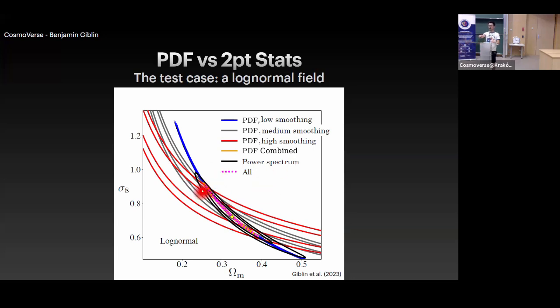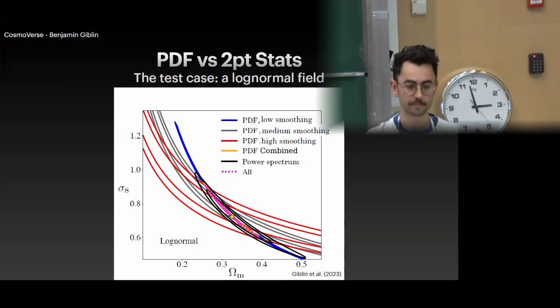Now, if we compare that with the dashed pink contour, which is you combine the power spectrum with that PDF, you see that, in fact, the dashed pink contour is exactly the same as the PDF combined. So the situation is reversed now. The power spectrum doesn't contribute any information to the analysis that the PDF doesn't already have. So now the PDF is the optimal statistic for this non-Gaussian field.